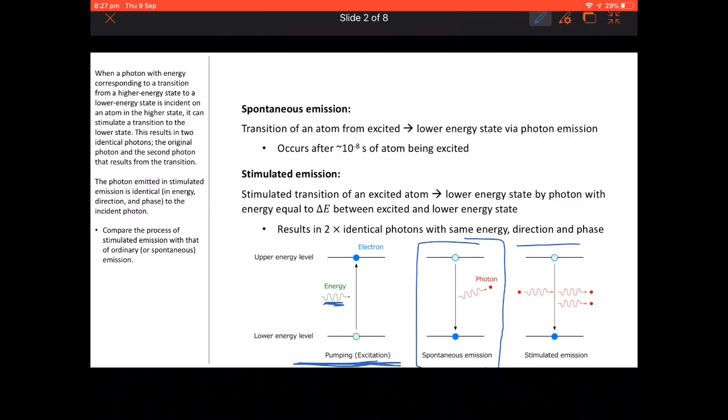In stimulated emission, we have an incident photon here, and then we'll have two photons that result from this, the original incident photon as well as the photon that corresponds with the energy that's now been emitted by an electron as it goes back down to its lower state, as it's stimulated to revert back to that state.